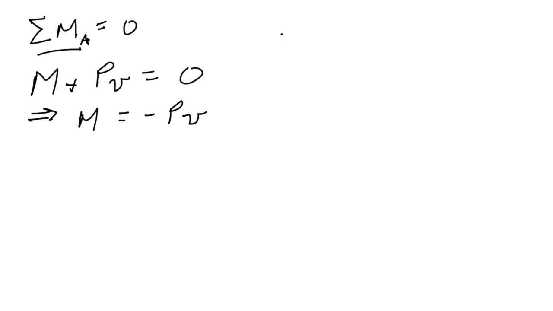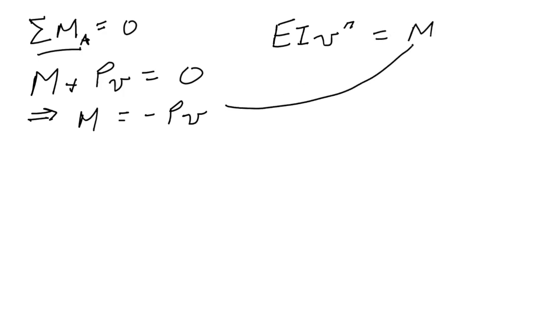And now we can plug in our equation from beam bending for M and rearrange, giving us the classic differential equation for column buckling.